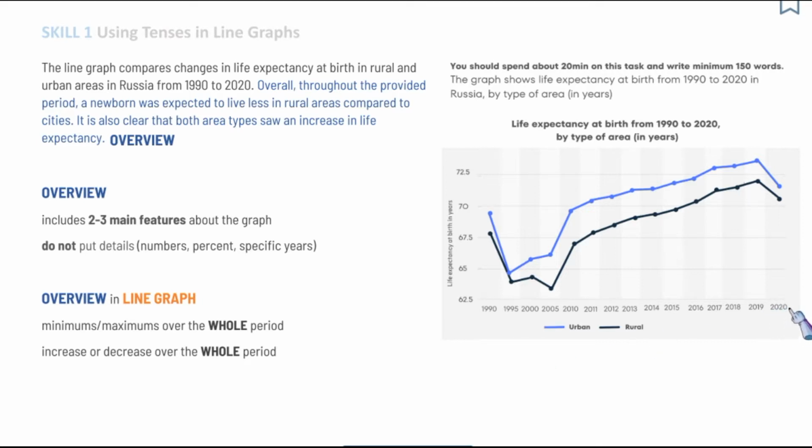If I do that, I will see that life expectancy rose. It was around 70 and 68, and it became more. Now this piece of information makes the second sentence. It is also clear that both area types saw an increase in life expectancy.